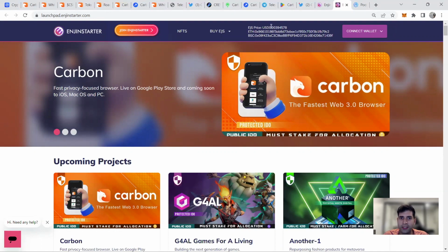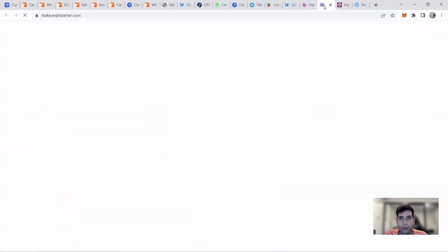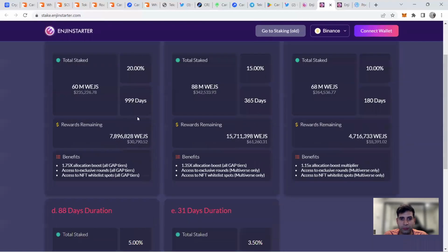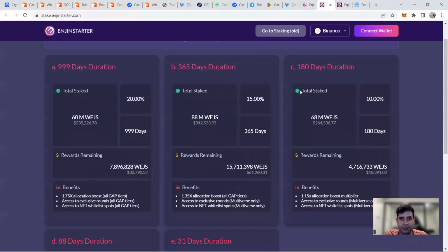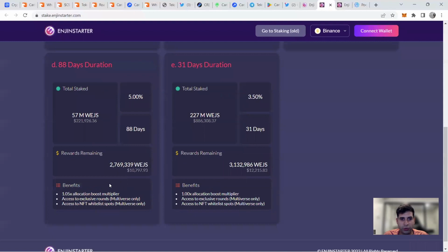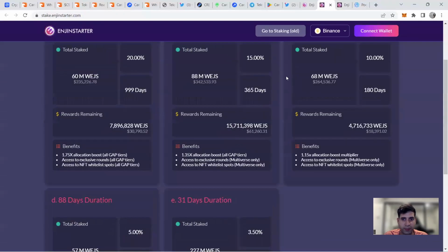So you buy the token, and then you go to their staking platform, and you stake your token in one of the staking platforms that they have available. They already have 365, 180, 31 and 88 days. Based on that, you can see what allocation you get, what access you have. So they have all of these campaigns as well for you to understand it more.